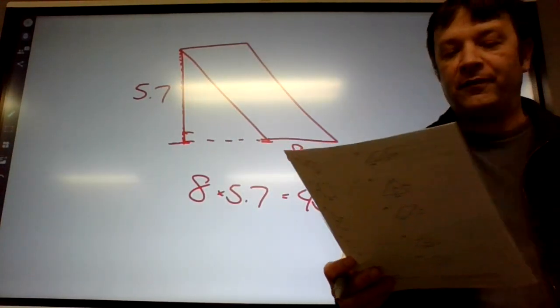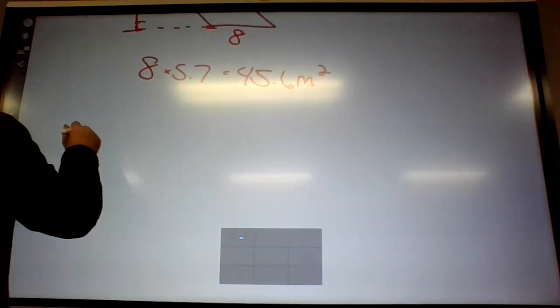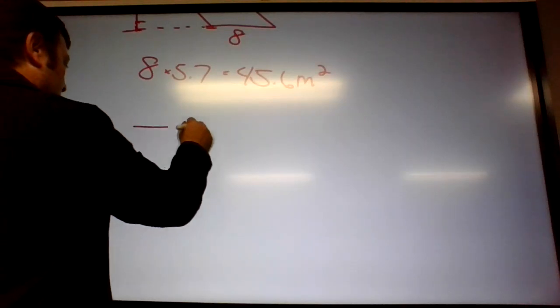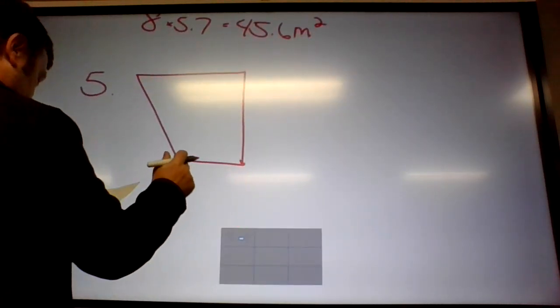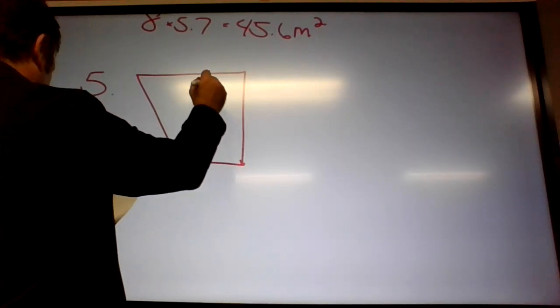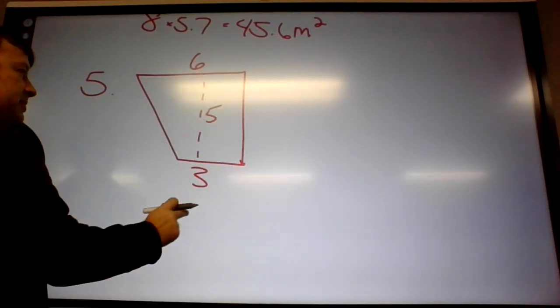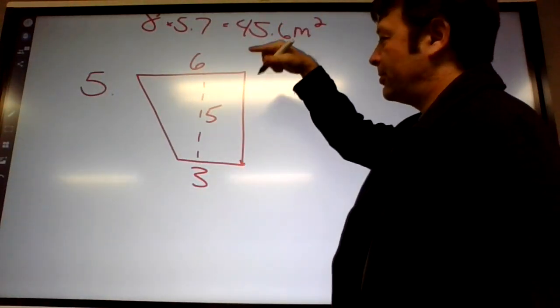Okay, let's look at number 5. What's number 5 a picture of? A trapezoid. Yes, it's a trapezoid. This is a 5, this is a 6, this is a 3. So how do we do trapezoids? I wrote it earlier.